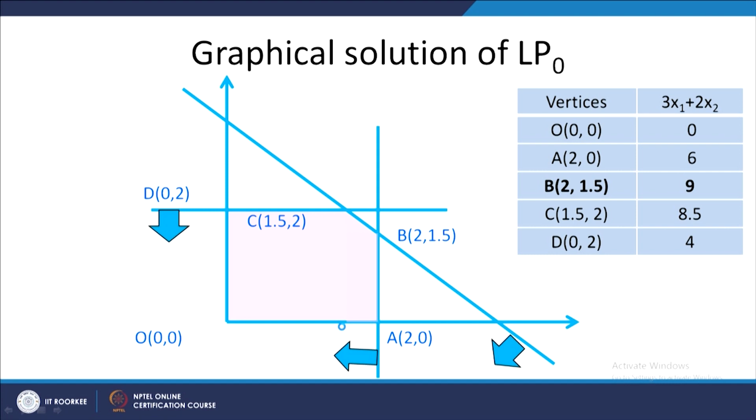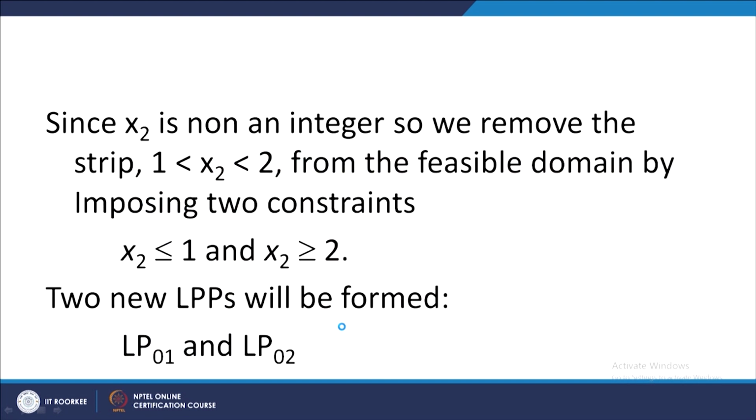Therefore, we need to do something, and what we will do is impose this as a restriction. Since x2 is not an integer, we remove the strip given by 1 < x2 < 2, please note the strict inequality, from the feasible region by imposing two constraints: x2 should be less than or equal to 1 and x2 should be greater than or equal to 2.